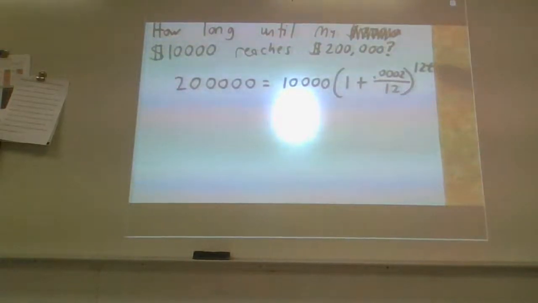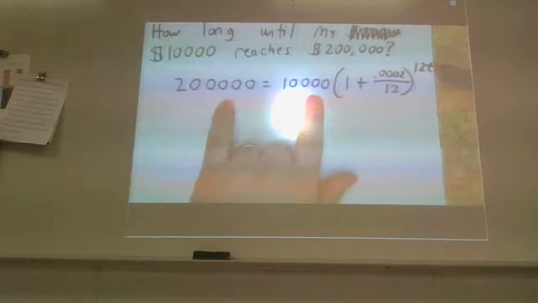And as he just said before, yes, we're going to eventually use logarithms. We will eventually have to use logarithms because we are solving for an exponent. So, how do we go about doing that? Well, first, I'm going to have to divide both sides by 10,000.